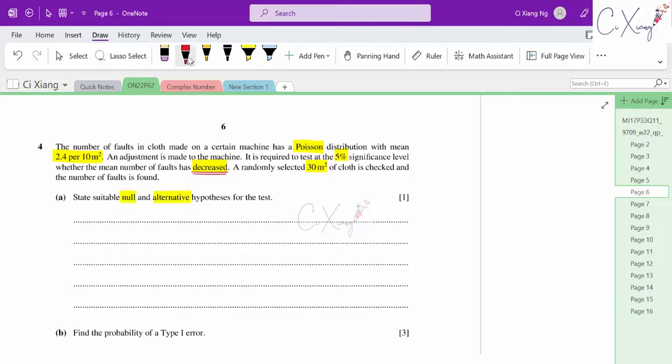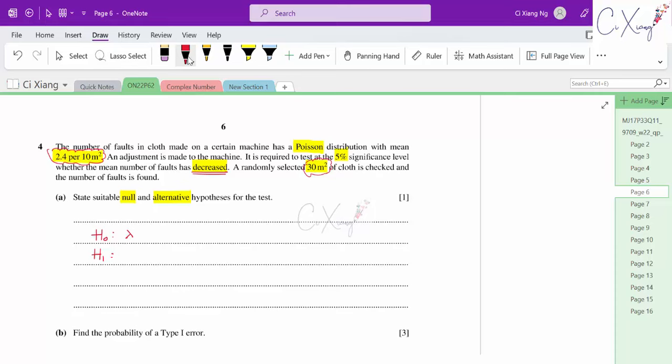To form the null and alternative hypothesis in Poisson distribution, there are two values of mean that you can use here. You can use the mean given originally, which is 2.4 for 10 meter square, or you can use the mean for the 30 meter square, which we use to run our test later. So you can write out either 2.4, or 2.4 times 3 for 30 meter square.